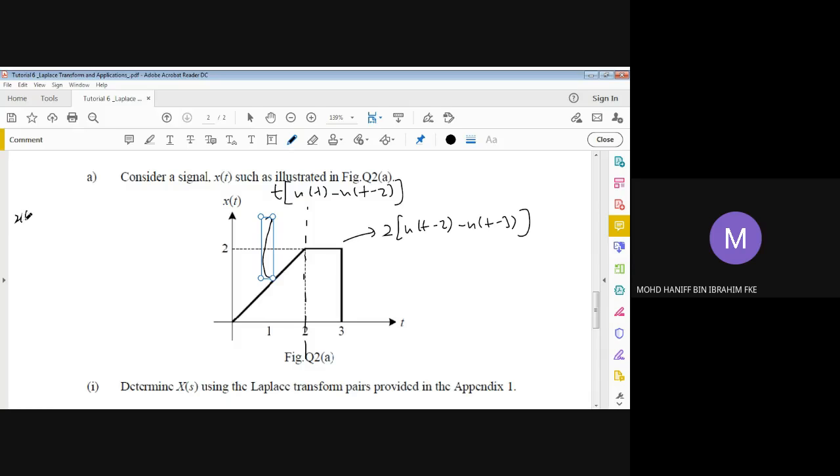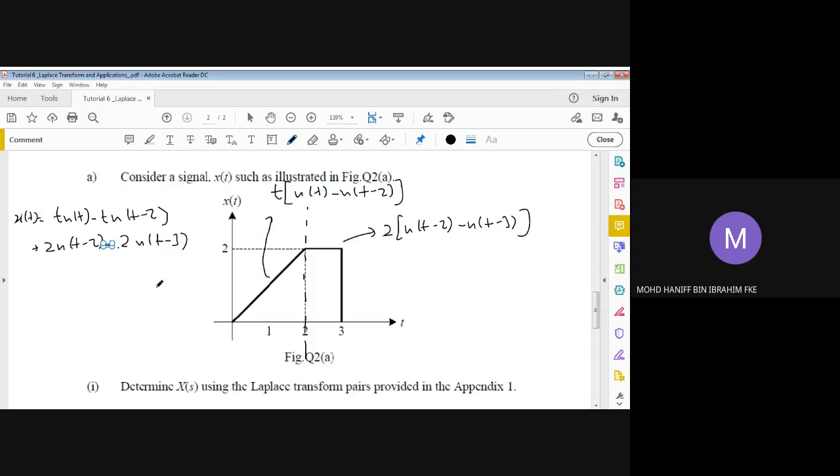So we are going to get xt shall be equals to t of ut minus t of ut minus 2, okay, plus 2 of ut minus 2, sorry, minus 2 of ut minus 3.